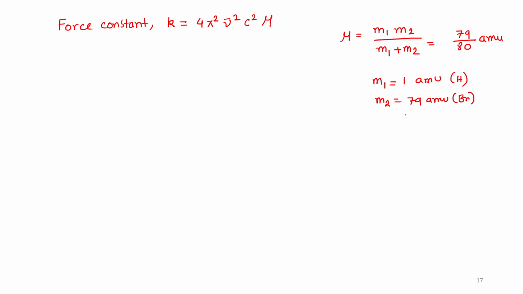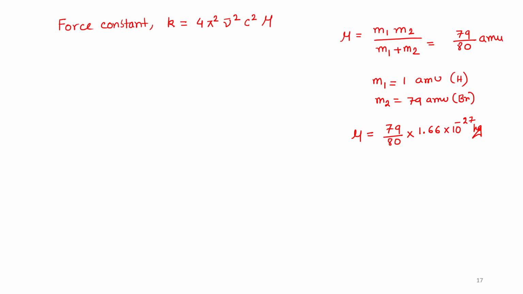Now we need to convert it into kg, right? So that would be 79 by 80 into 1.66 into 10 to the power minus 27 kilograms. That is how we convert atomic mass unit to kilogram. This is the mass of one atom.